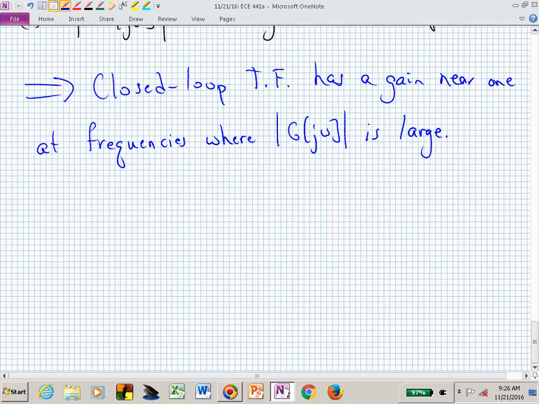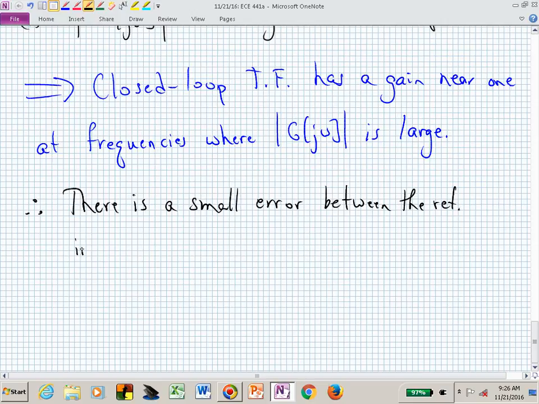And as I was trying to describe, therefore, there is a small error between the reference input and the output when we have reference input signals at those frequencies where the magnitude is big.